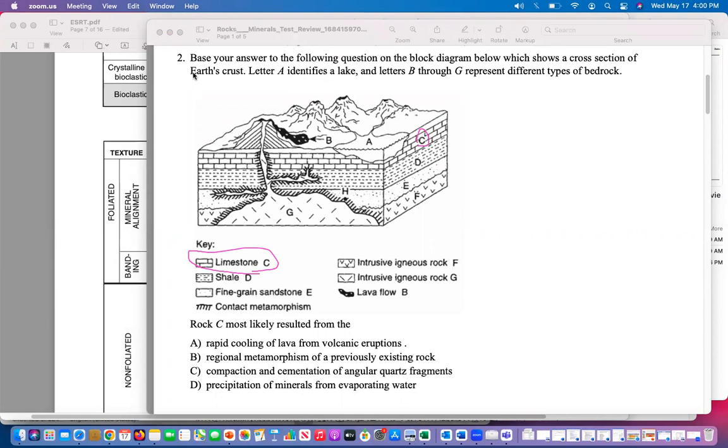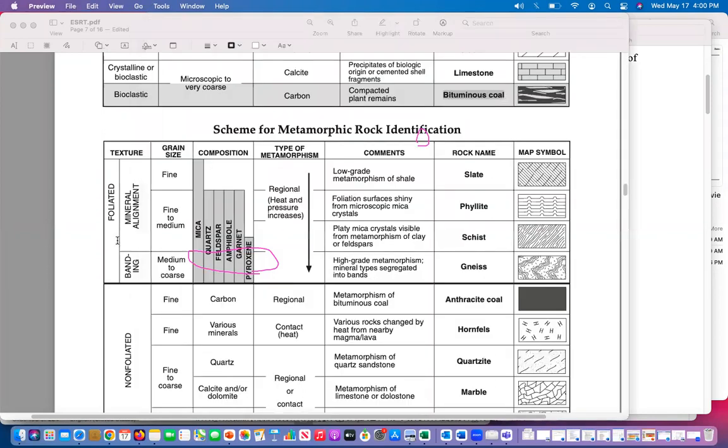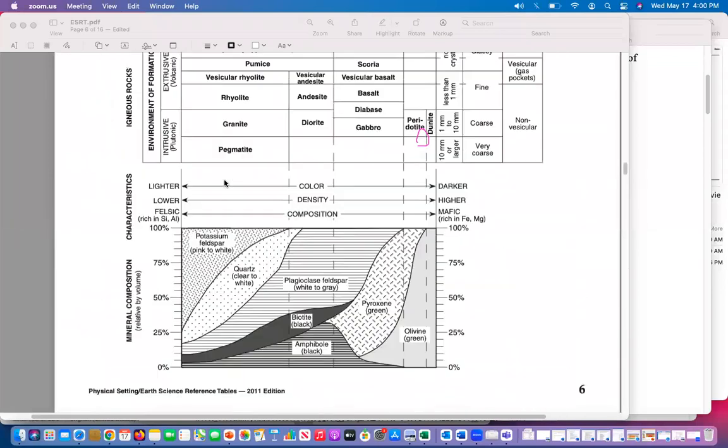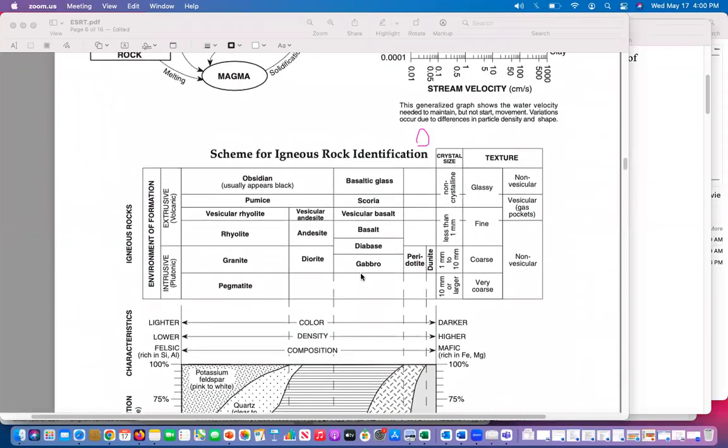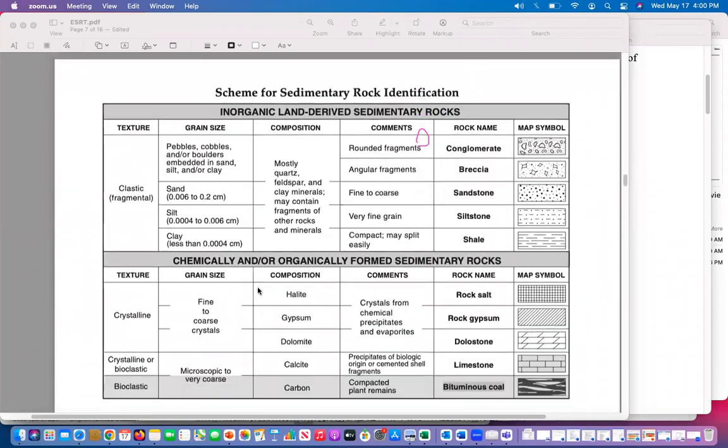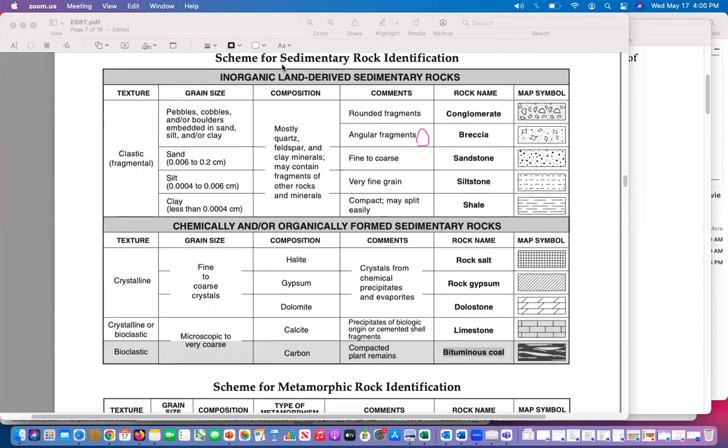We have to ask ourselves, well, what type of rock is a limestone? So I'm gonna scroll through pages 6, I'm gonna scroll through pages 7, looking for the rock limestone. I don't see it in igneous rocks, it's nowhere here. I'm gonna scroll to sedimentary rocks, and what do you know? I see limestone right here.